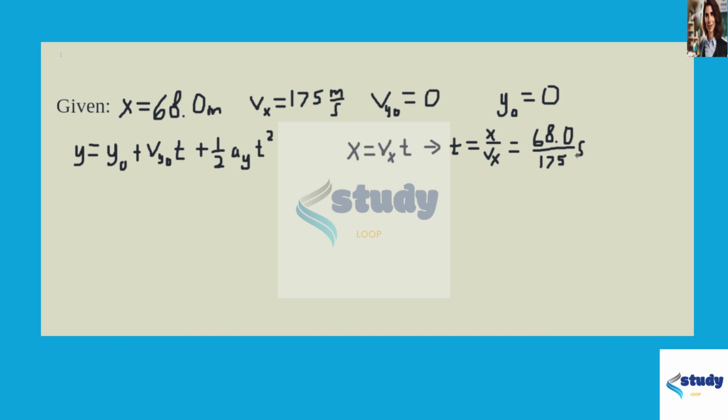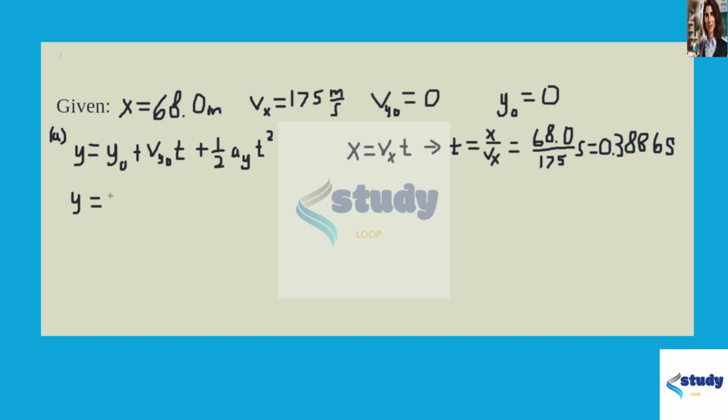If you do this calculation, you find this comes out to be 0.3886 seconds. Now we can plug all the things we know into this equation and solve for y. By the way, this is part A that we're working on here, so let's denote this as part A.